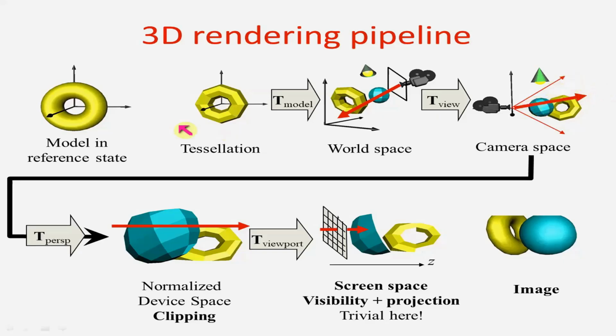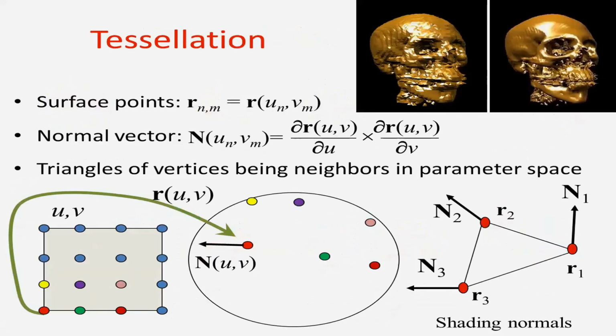So to simplify this, we distort the scene together with objects in a way that projection lines or rays will be parallel to each other. This space is called normalized device space and also called clipping space because clipping happens here. Finally, we take into account the real resolution and objects are transformed to screen space.